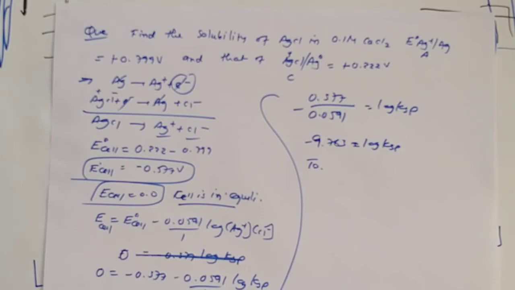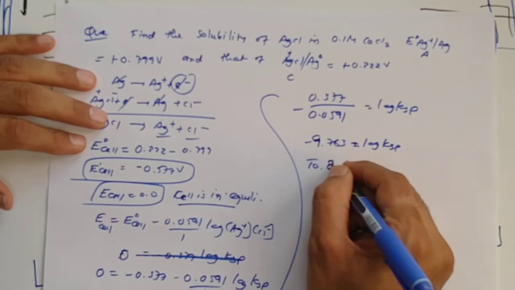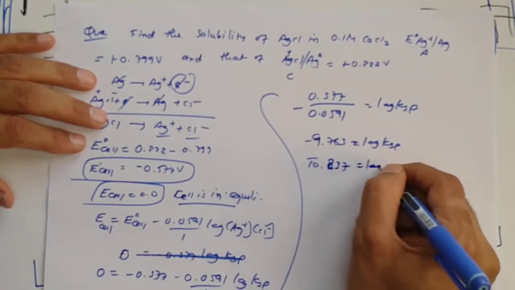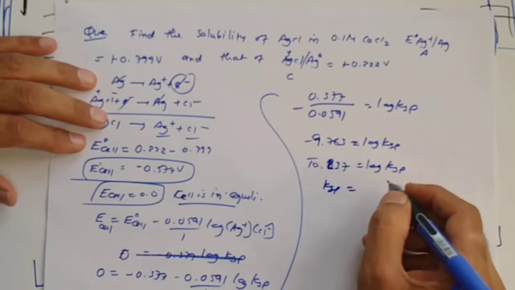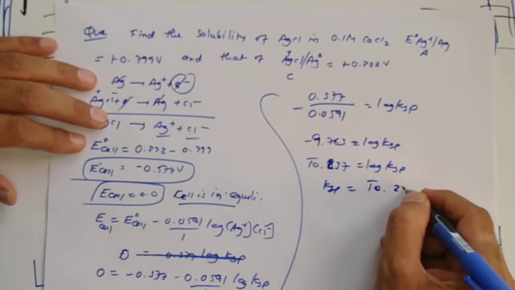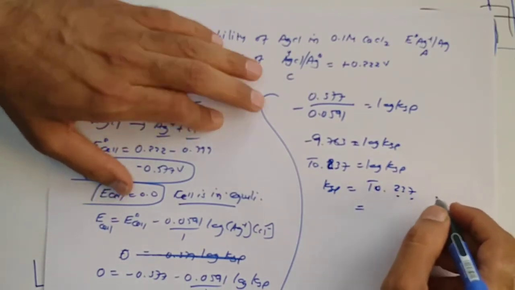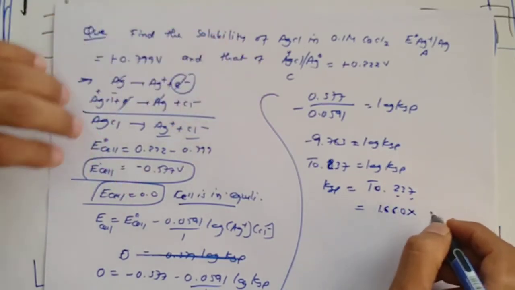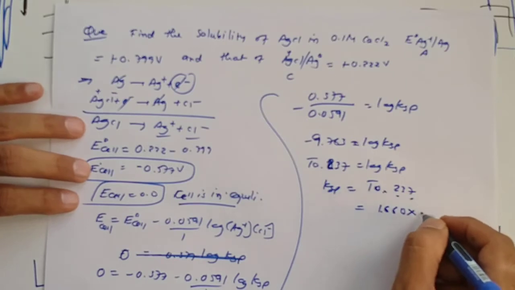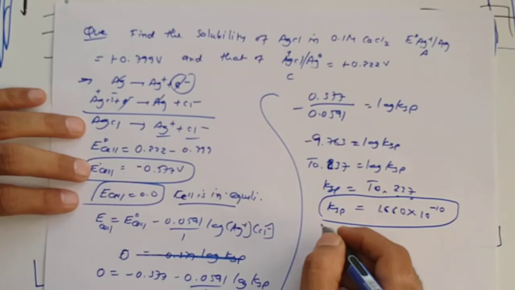So 1 minus 0.763 is 0.237. Now when we apply antilog on both sides, Ksp will be bar 10.237. So antilog of 237 is 1660. After one digit there should be a point, and before the point there is bar 10, so it comes as 1.66 into 10 raised to minus 10. This is our Ksp of AgCl.